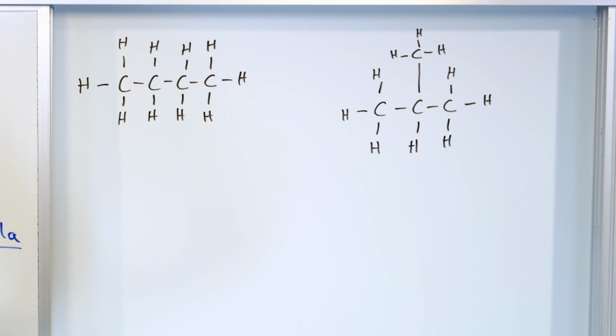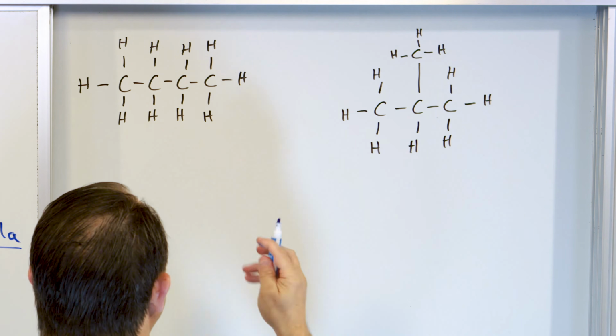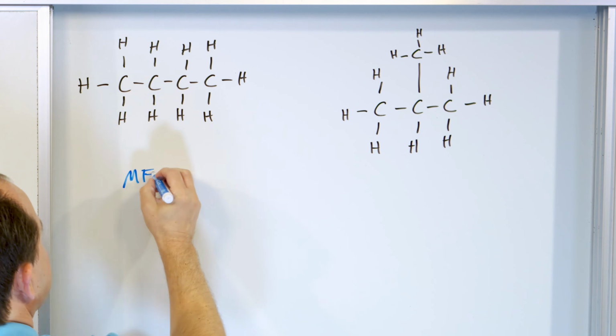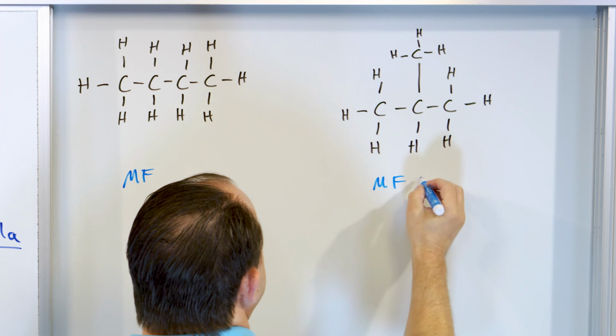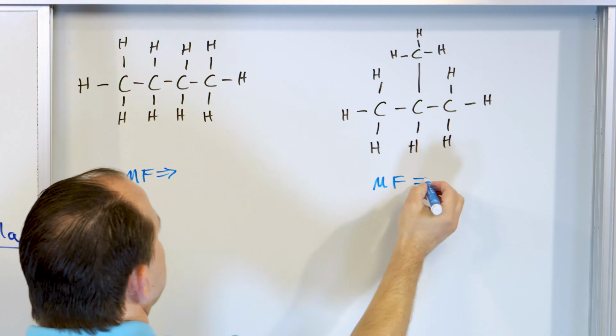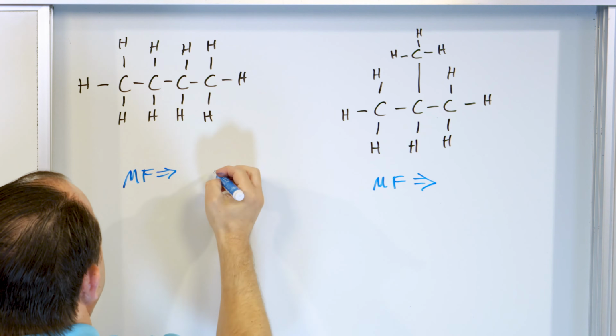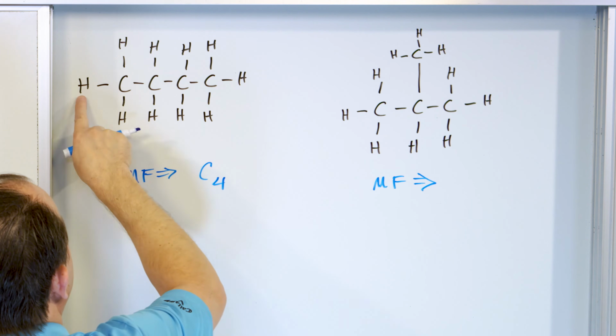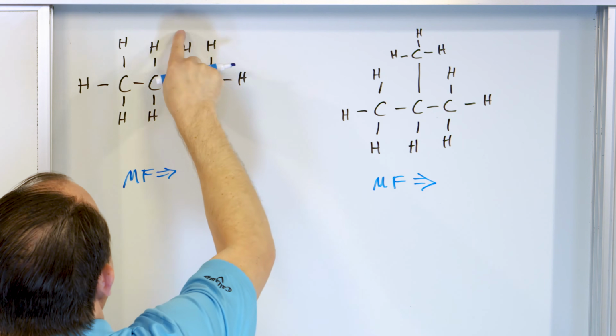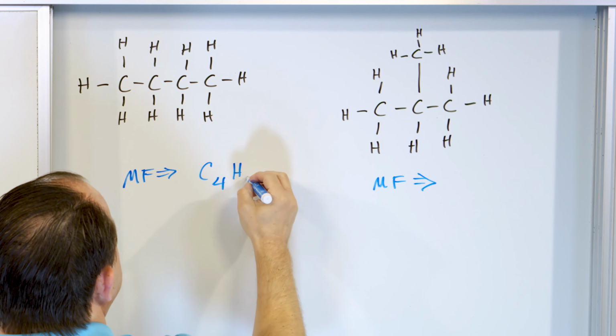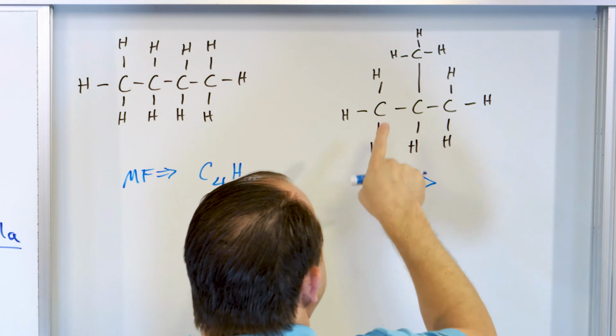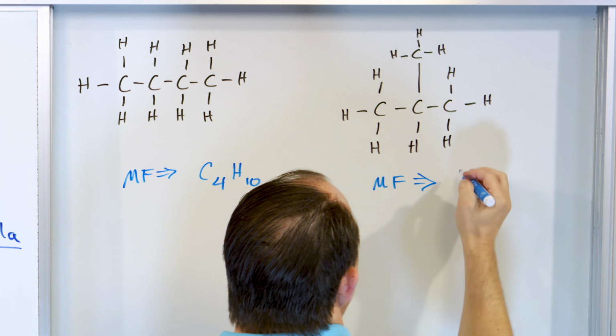Now let's write down the molecular formula for both of them. What is it? Well, how many carbons do I have? 1, 2, 3, 4. How many hydrogens? 1, 2, 3, 4, 5, 6, 7, 8, 9, 10. H10. All right. Now what's the molecular formula here? It's carbon 1, 2, 3, 4.